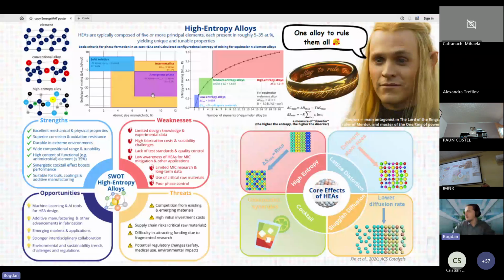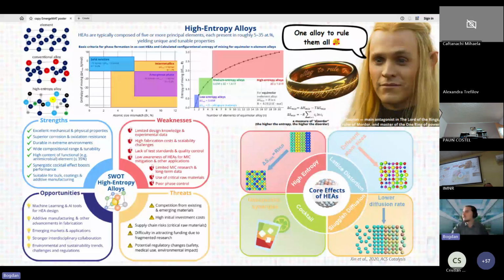Here is the guy, maybe some of you watched Lord of the Rings and the new series about that. This is the hero who was looking for the ring of power and for different types of alloys from which he could make it. Perhaps if he knew about high entropy alloys at that time, he would select such kind of alloys.